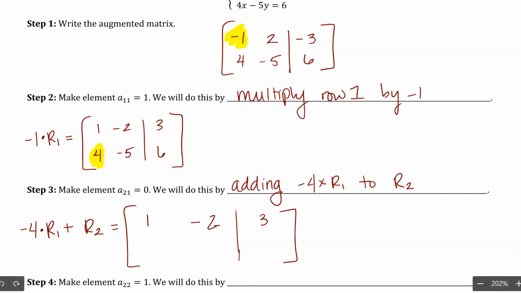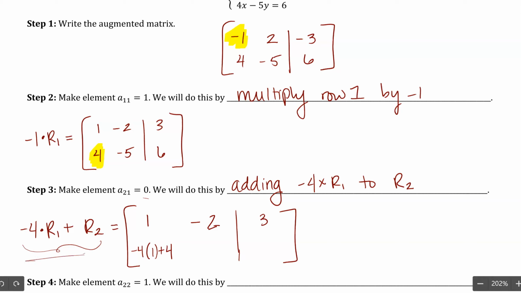But those I'm not changing. Now row 2 is what I'm changing. So this element right here, 2,1, is what I want to become 0. How do I do that? Well, let's follow what I wrote down: -4 times the corresponding element in row 1, which is 1, plus the corresponding element in row 2, which is 4. We'll calculate it in just a minute. Let's keep doing it for the other entries.